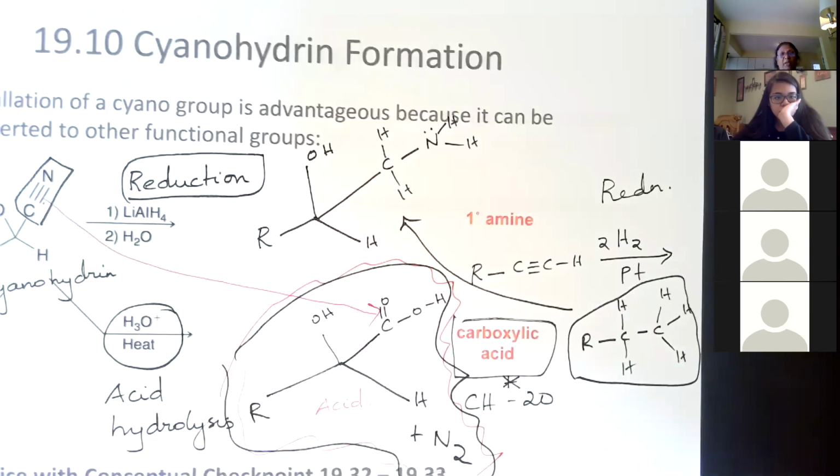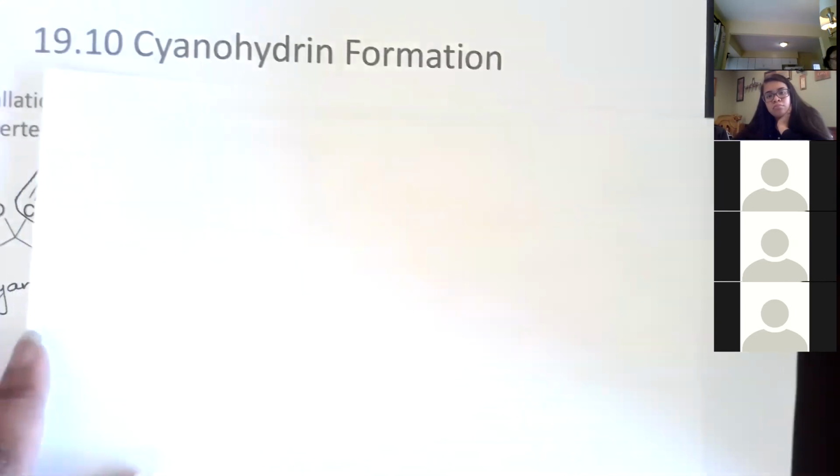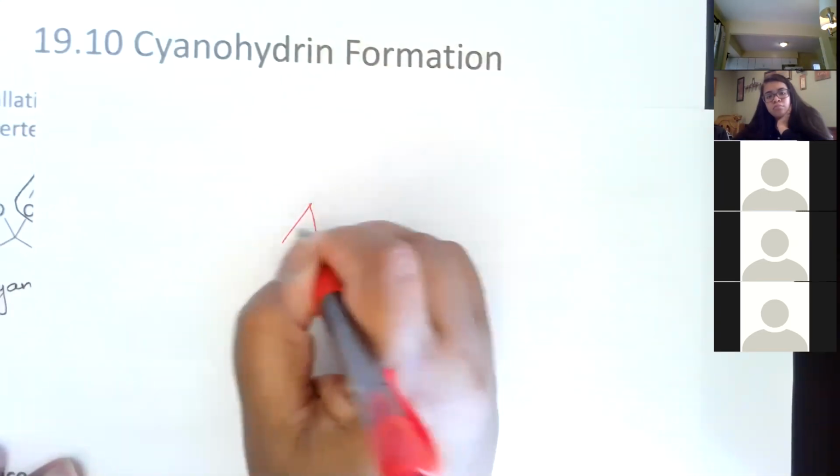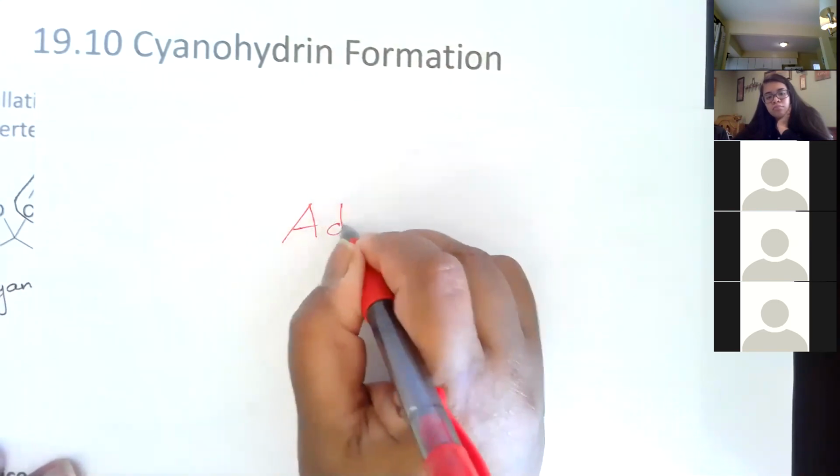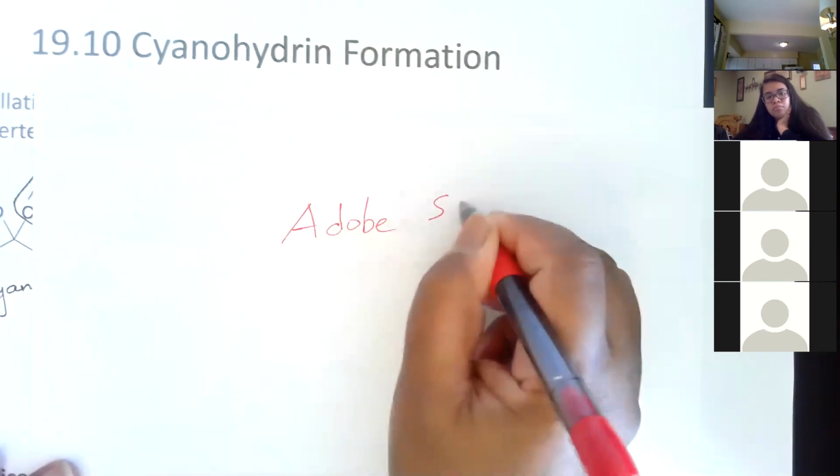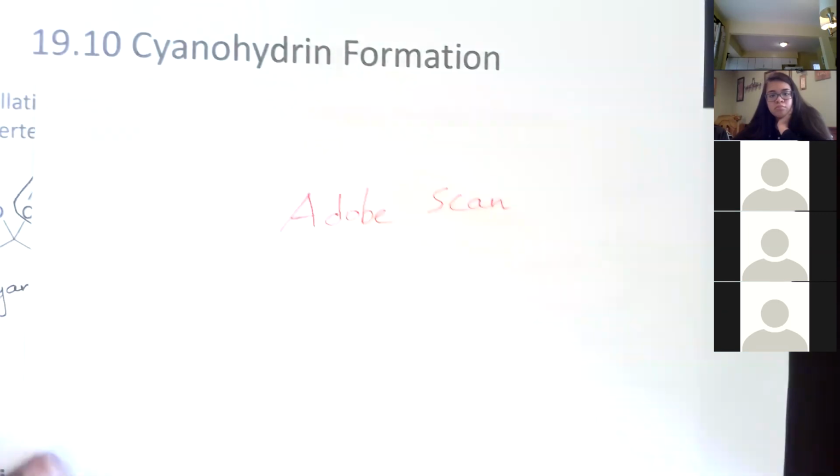In the meantime, when we do quizzes, could you all use Adobe Scan or something like that instead of taking pictures? Adobe Scan is a free app.